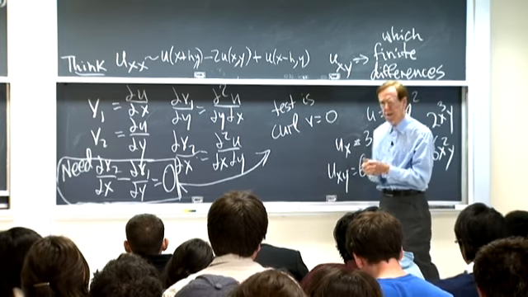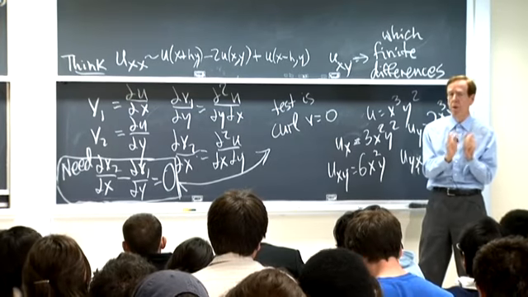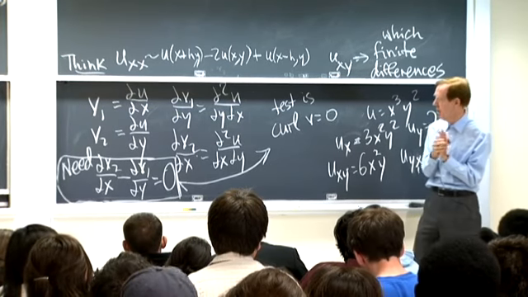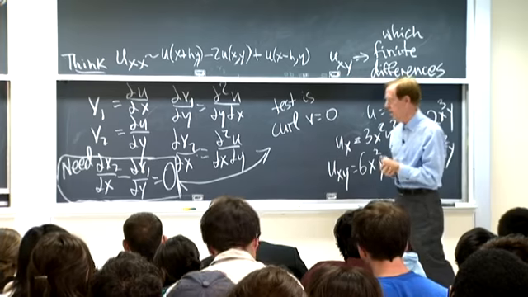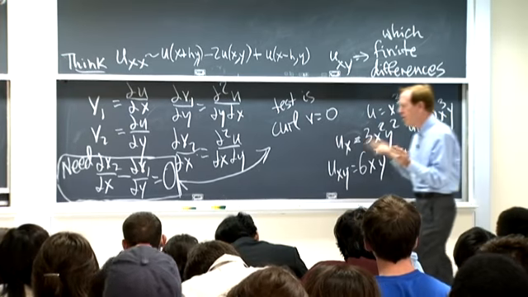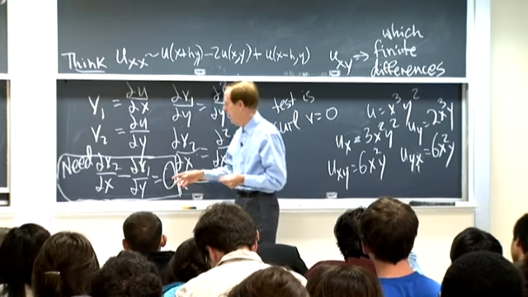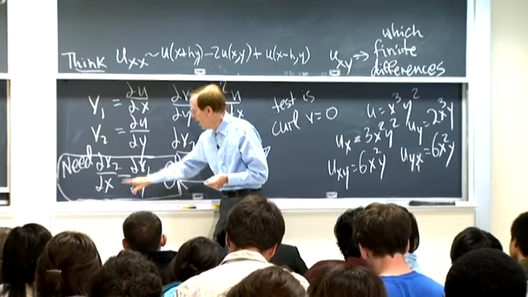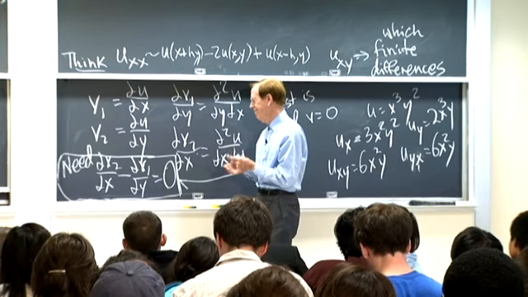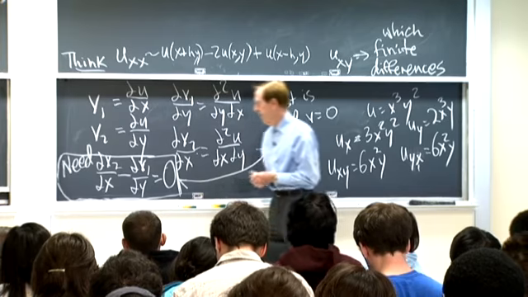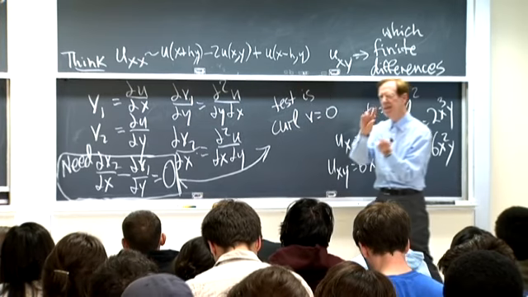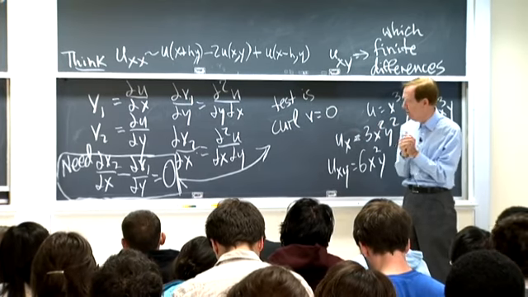Do you remember curl? If you remember curl, you're a good person, because you sort of remember that it has differences of derivatives, and the indices follow a certain pattern.